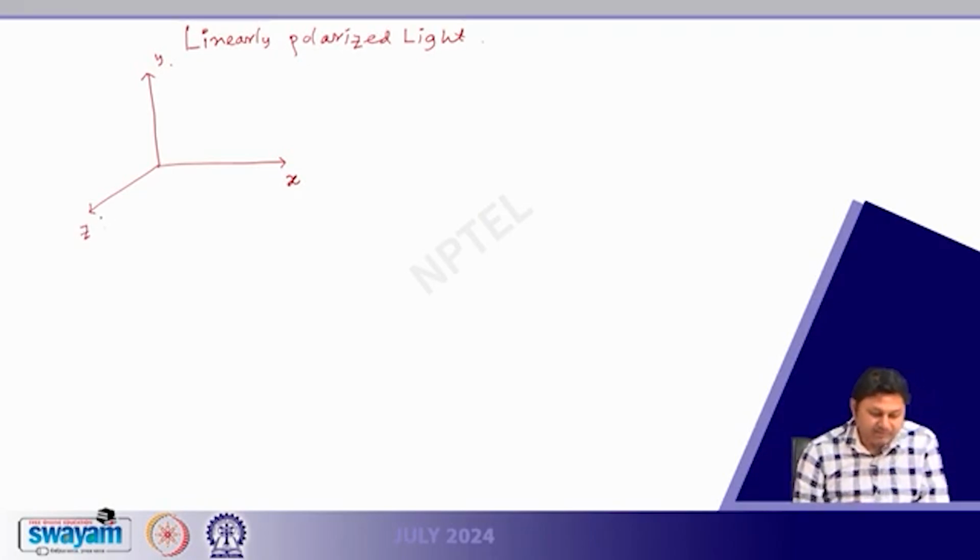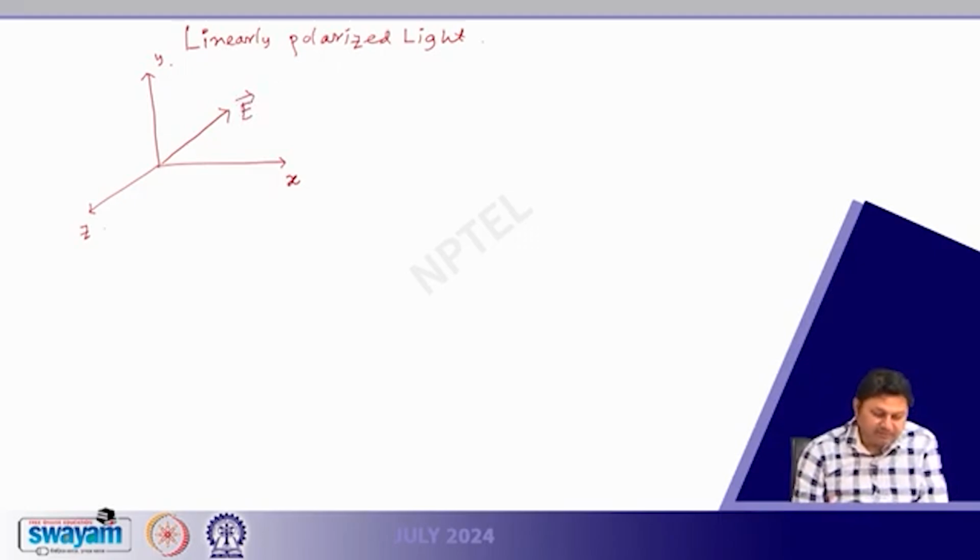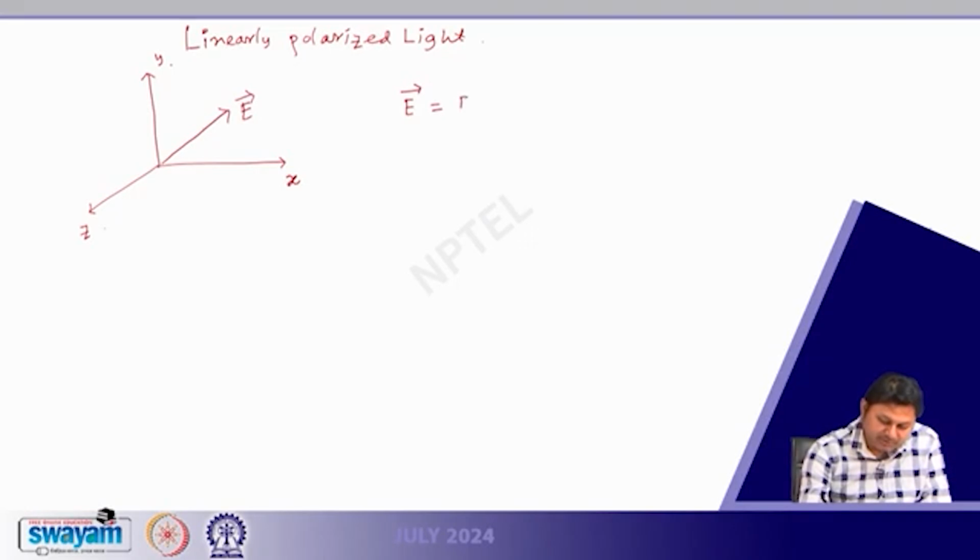So, the electric field, suppose it is in the x y plane. So, my electric field is lying in the x y plane. If that is the case, I can write E as two components, E x, which is varying with respect to time, and z.